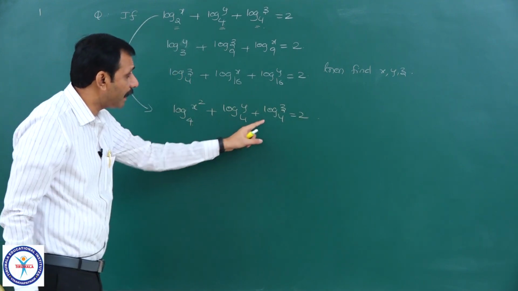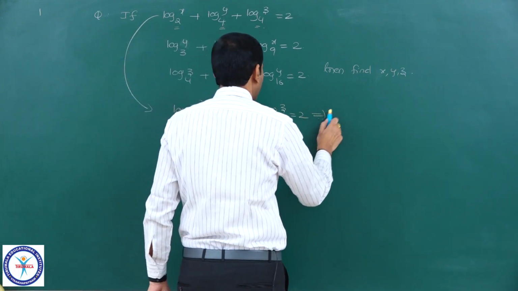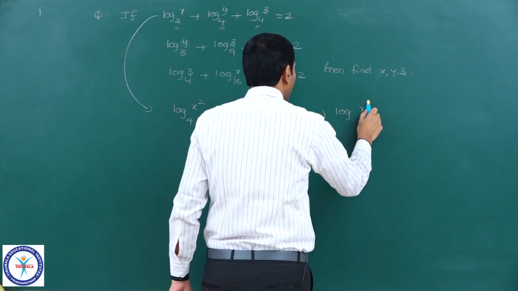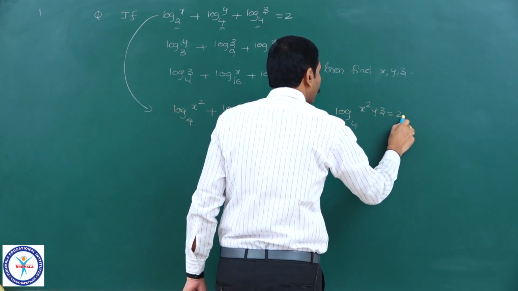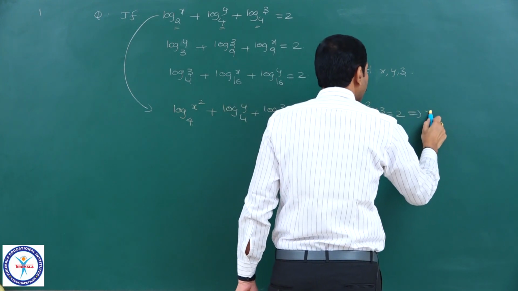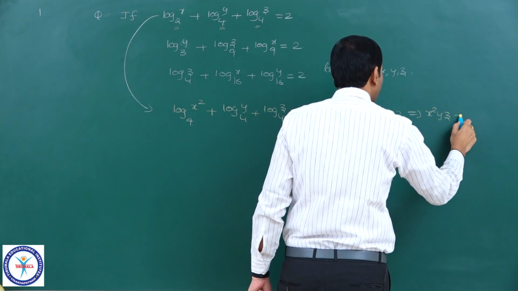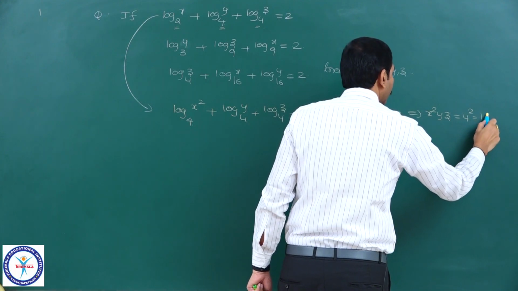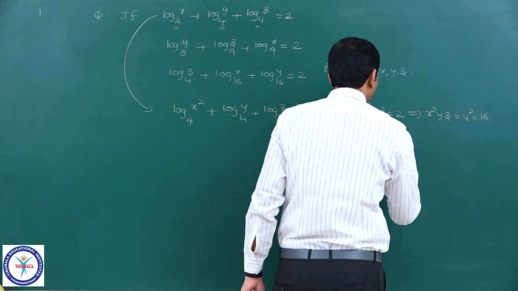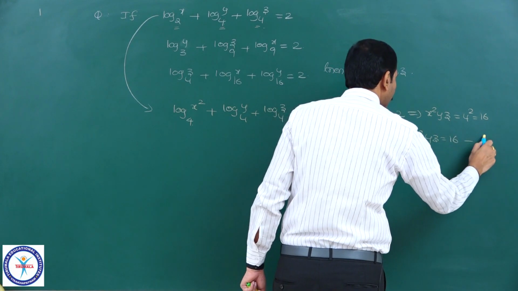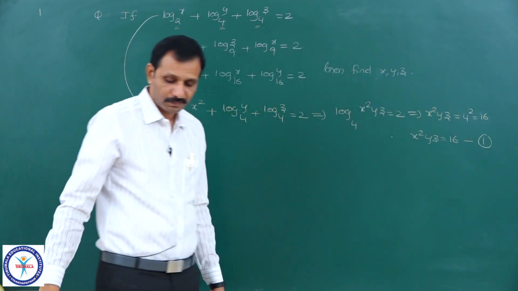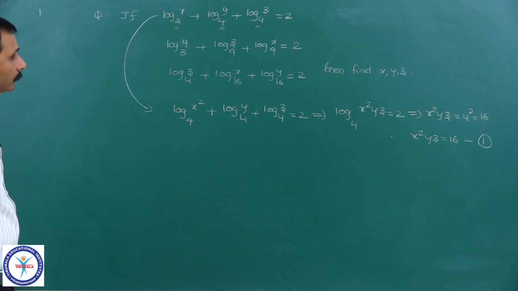Now, because base is same, this equation can be written as log of x square yz to the base 4 equal to 2, implies x square yz equal to 4 square equal to 16. Therefore, x square yz equal to 16 is equation 1. Hope you understood that.